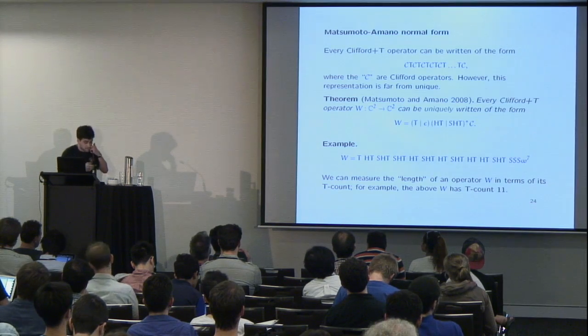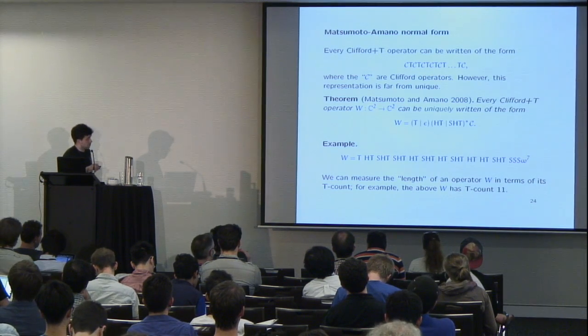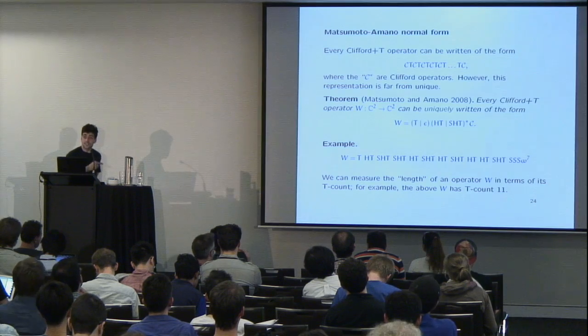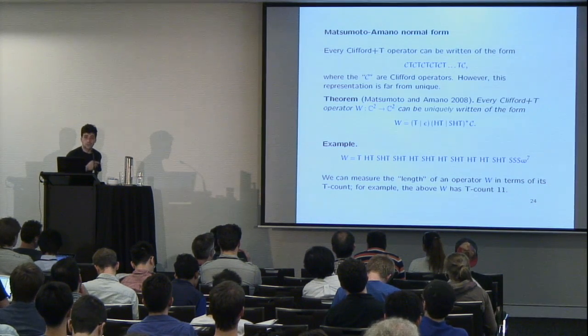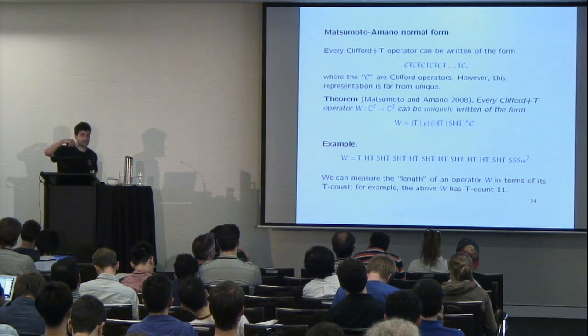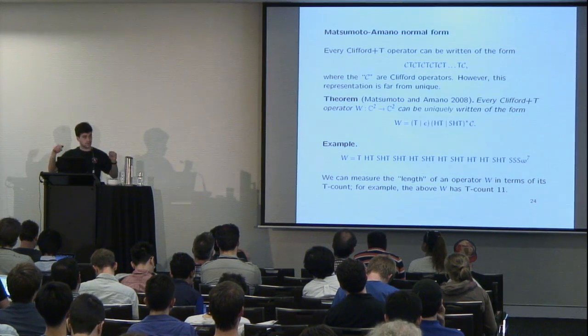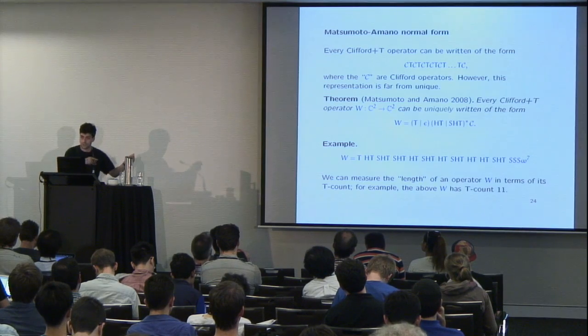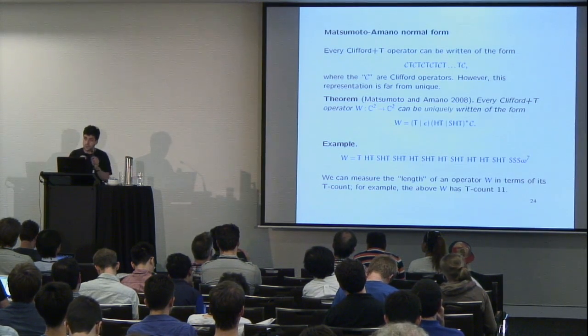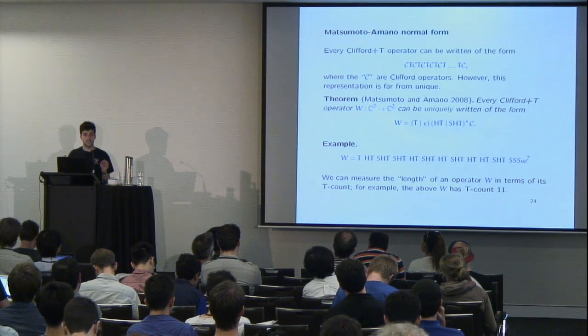And finally, another important property of this normal form is that it is T-optimal. This means that amongst all the expressions in the generators for the Clifford+T group that represent your operator, the Matsumoto-Amano normal form is one of those that has the least number of T gates.